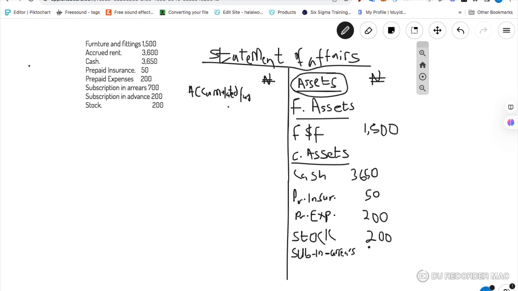So I'm going to shorten that. Please ensure that you write it in full. Current liability. We have accrued rent. This is a liability to the organization. Accrued rent is 3,600.